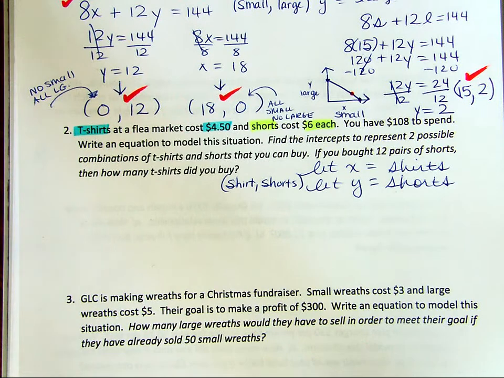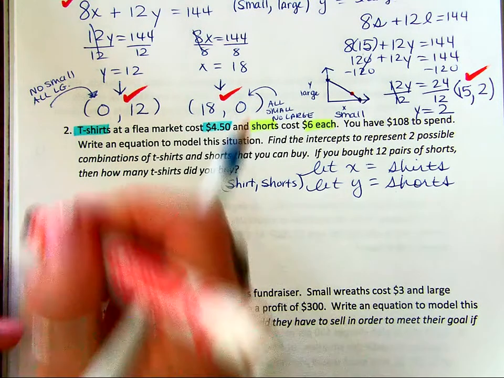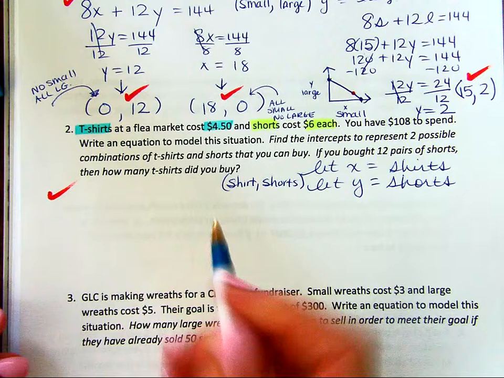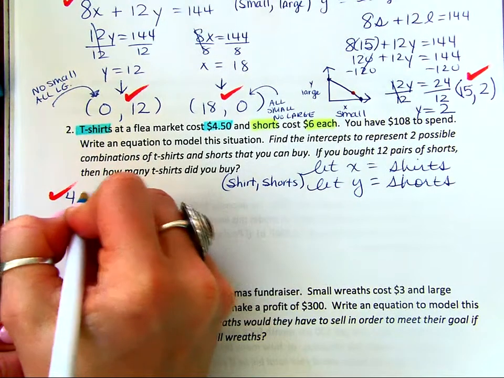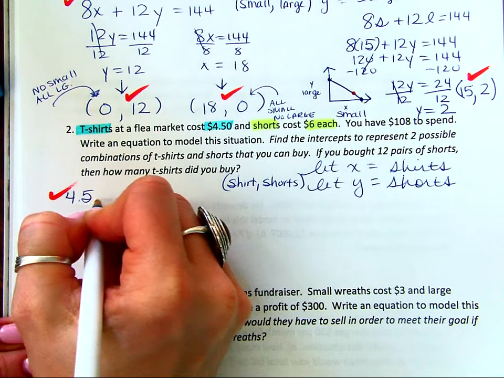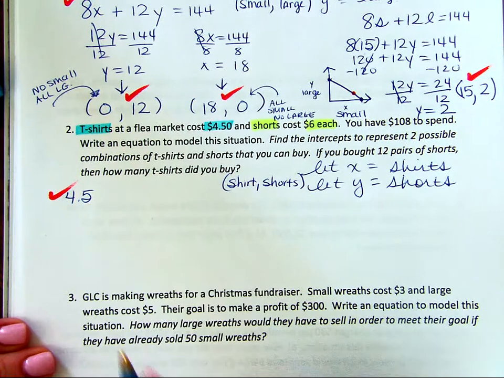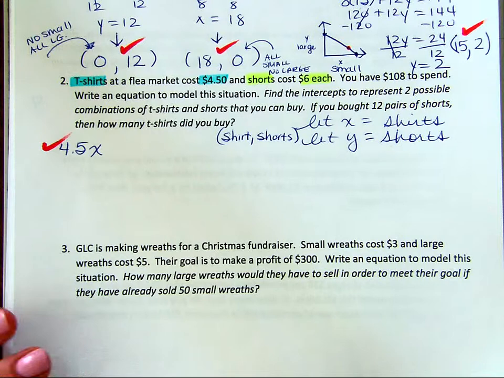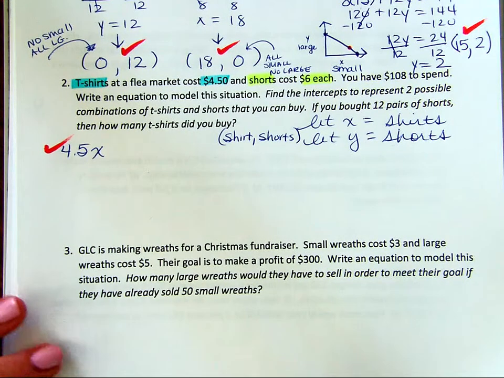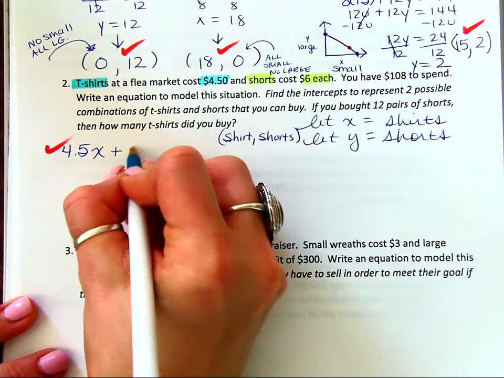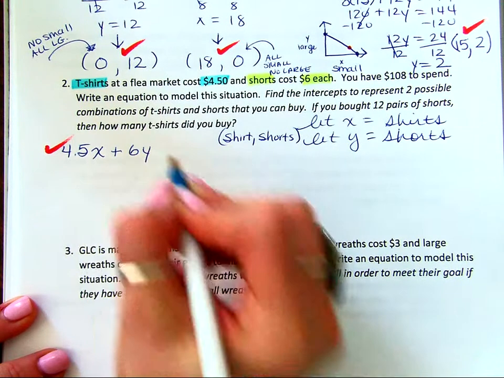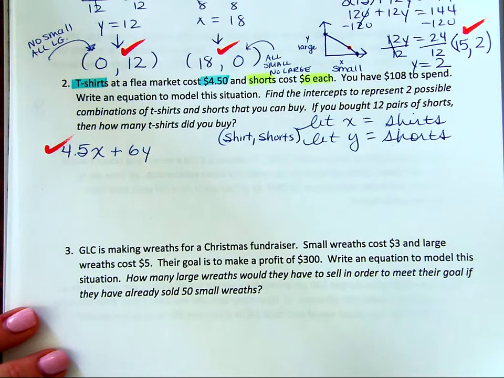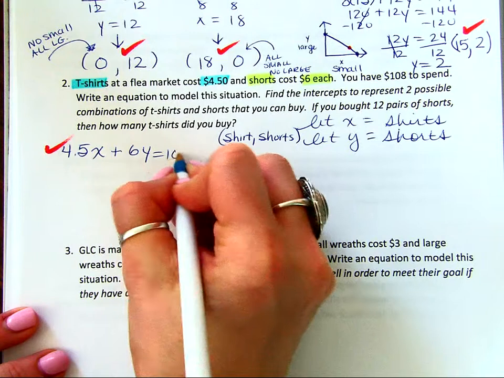So your equation is going to be what? It's $4.50 for each, and I almost went to put t by instinct, but then you can try that. Per t-shirt, plus $6 for every pair of shorts, and I have a total of $108, right?